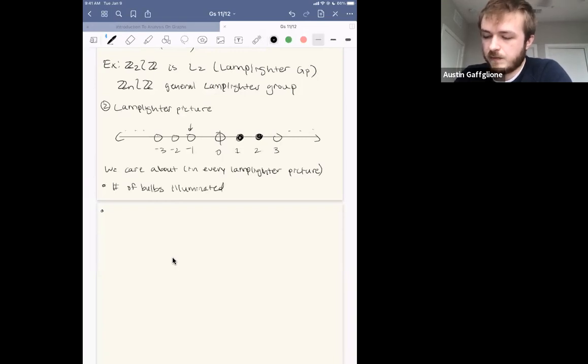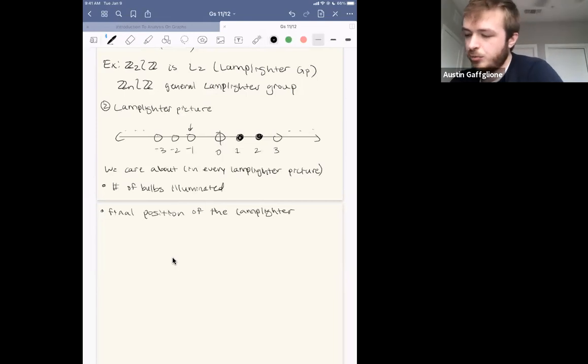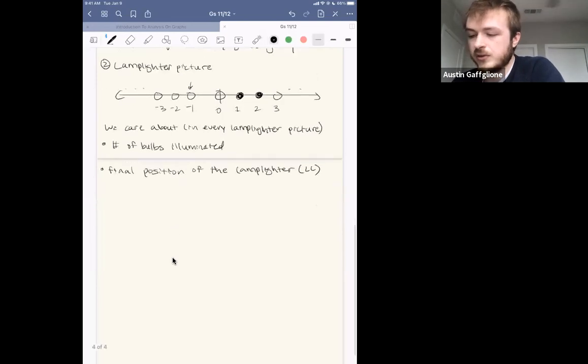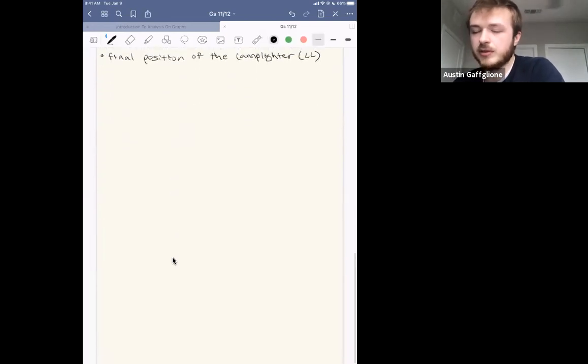And we also care about the final position of the lamplighter. And I'll abbreviate the lamplighter as just LL. So we want to encode two different pieces of information: the number of bulbs illuminated and the final position of the lamplighter. Of course, there are some initial conditions we have to worry about in this picture.